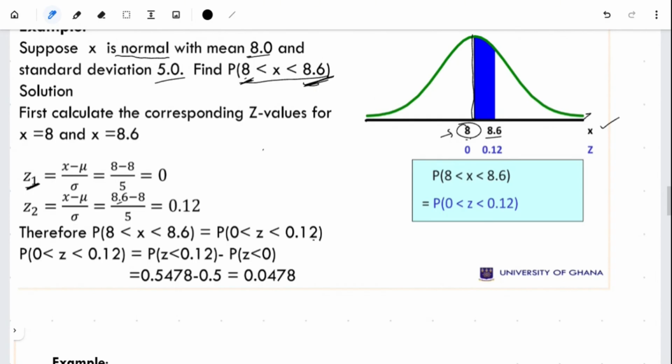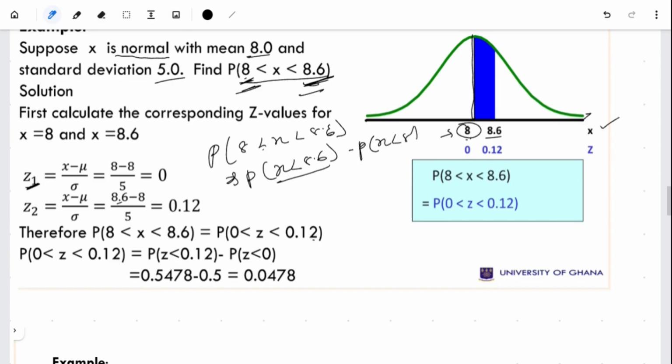Here our x values are 8 and 8.6, because we can write the probability that x is between 8 and 8.6 as the probability that X is less than 8.6 minus the probability that X is less than 8. So we find both probabilities, and then we subtract.